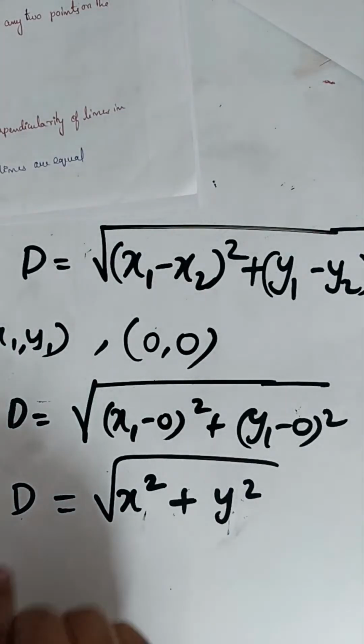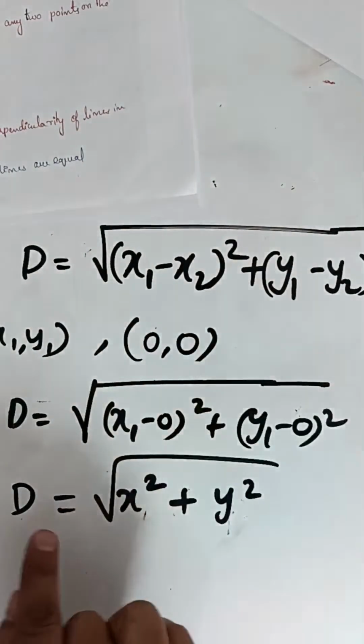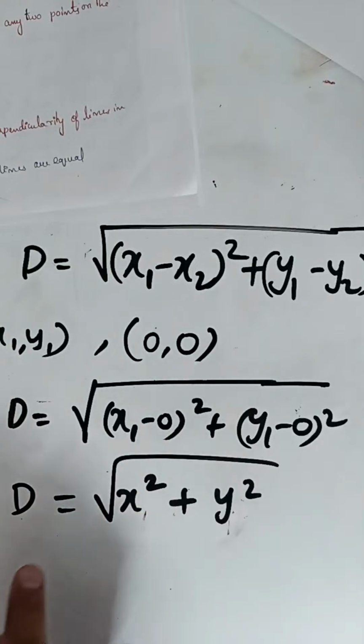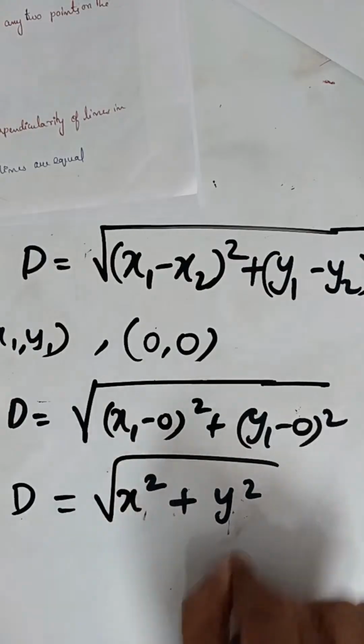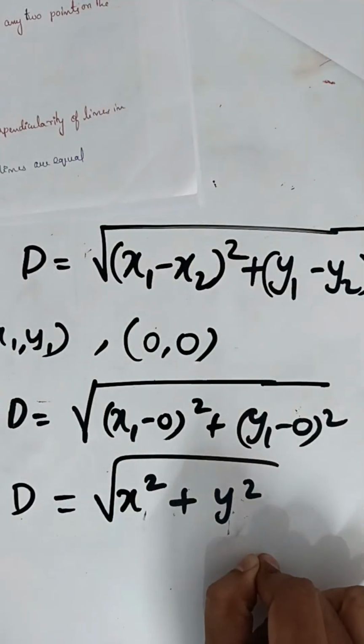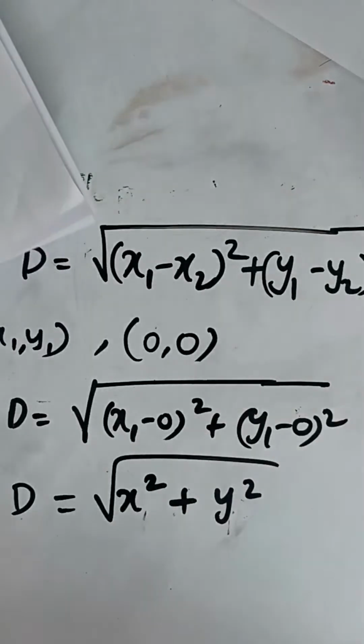So when one of the two points is the origin, the distance formula becomes d equals square root of x square plus y square. I hope you understand. Let's move to the next topic.